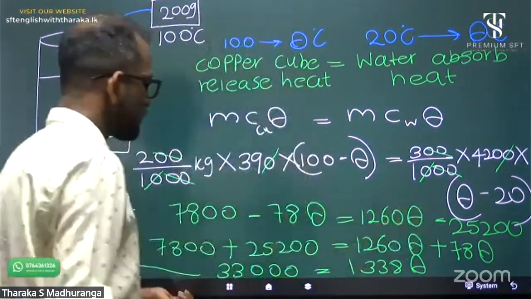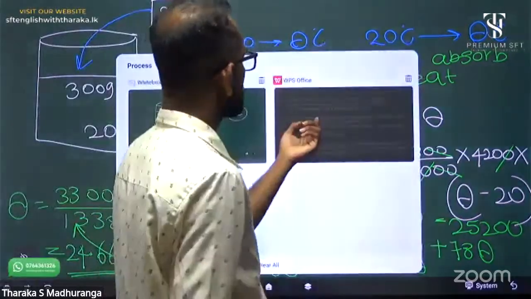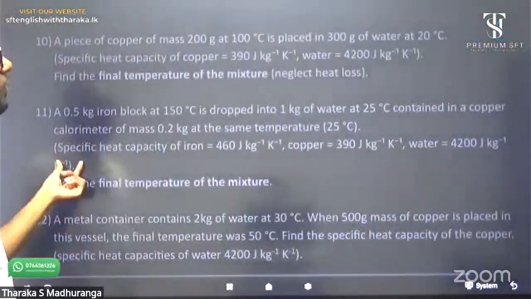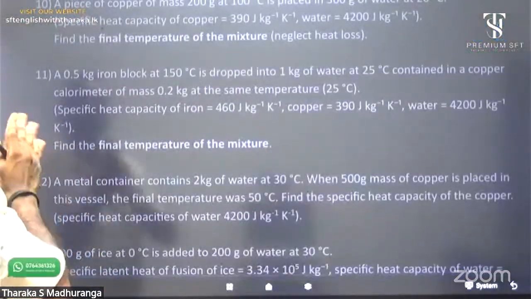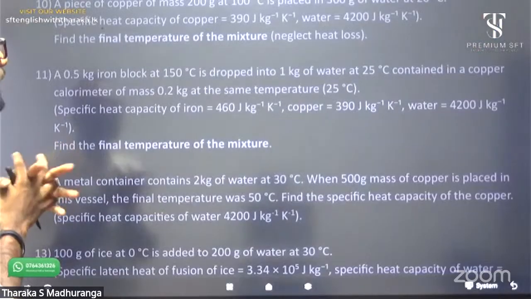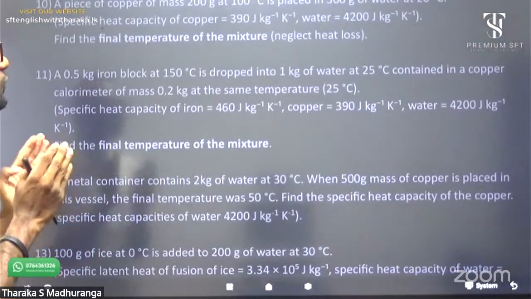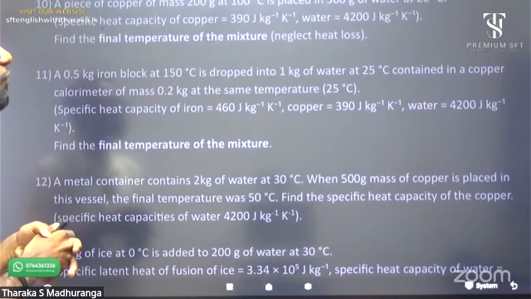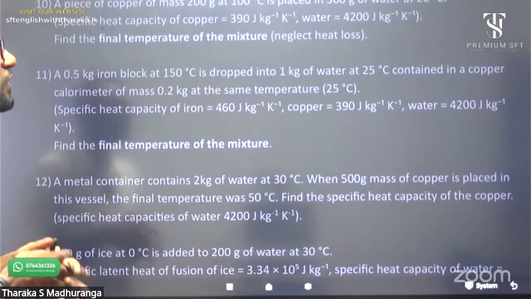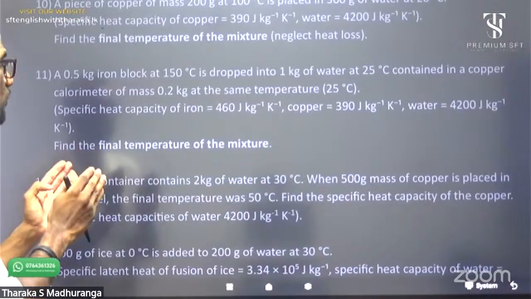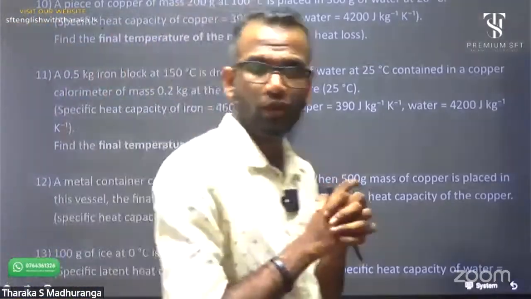Question 11, okay, let's go. 0.5 kilogram of iron block at 150 Celsius is dropped into 1 kilogram of water at 25 Celsius containing a copper calorimeter of mass 0.2 kilogram.